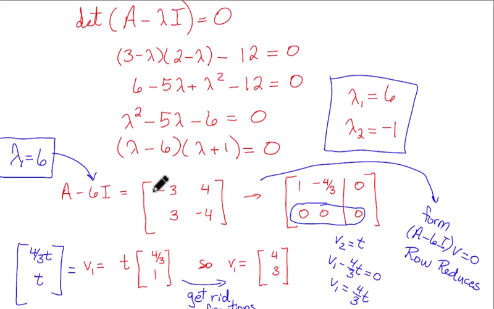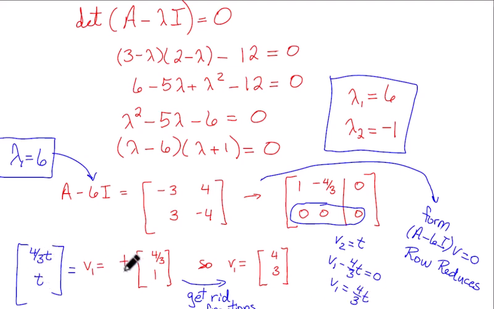So I plug them in. We're trying to figure out what's going to make this equal to 0. And so when you row reduce, you're going to get to here. That's how we got from there to there: row reduce, set it equal to 0, as we did previously. Got a whole row of zeros, so V2 is T, and now if you plug that in, you get that V1 is 4/3 T. Okay, so that's what I've got over here.